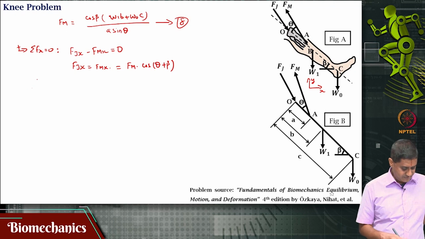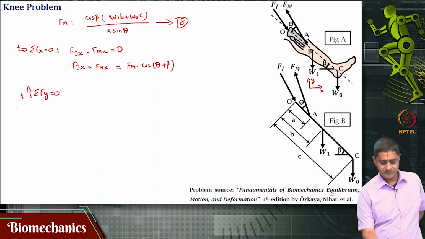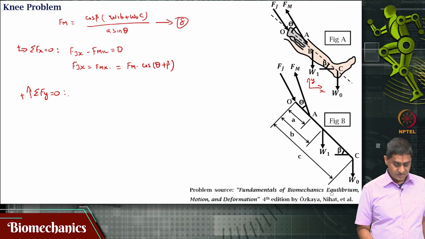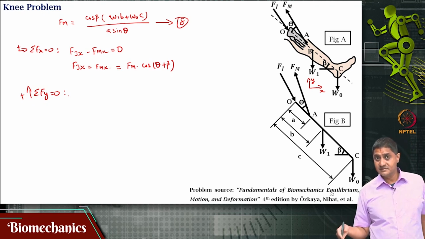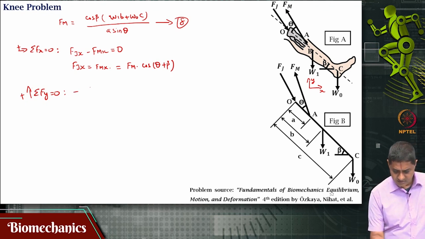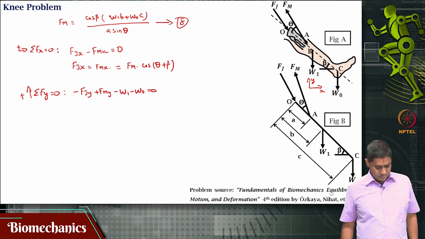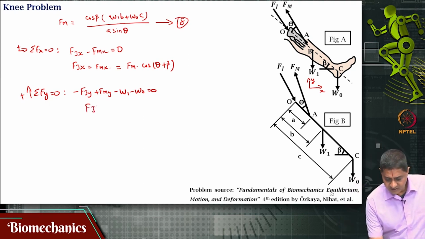How do I find Fjy? Same, sigma Fy equal to 0, upgoing is considered positive. Now the W's will come into the picture, that is okay. That is minus Fjy plus Fmy minus W1 minus W0 is 0. From this I can write Fjy as Fmy minus W1 minus W0.